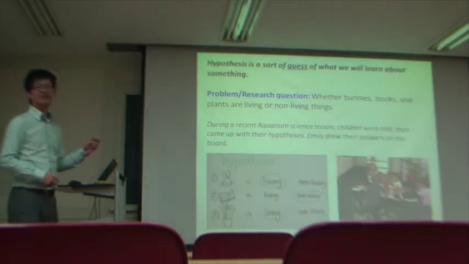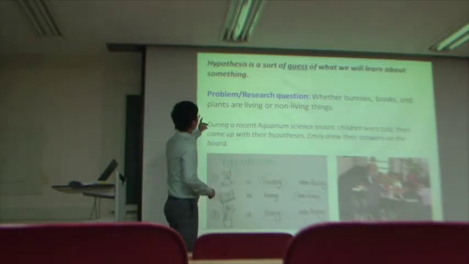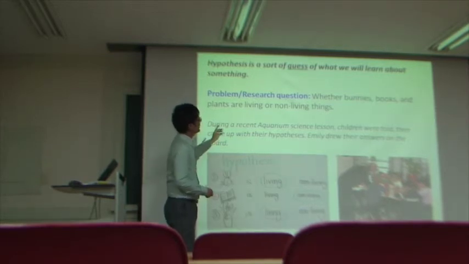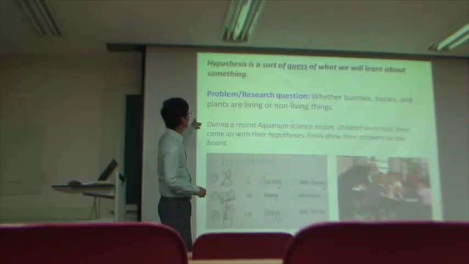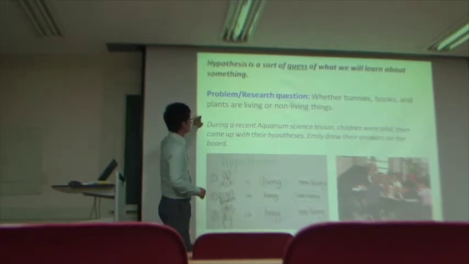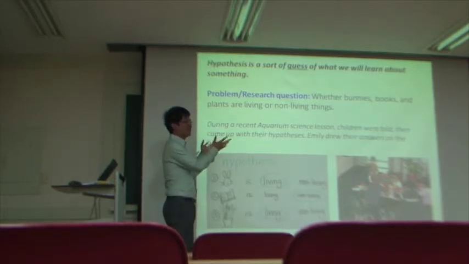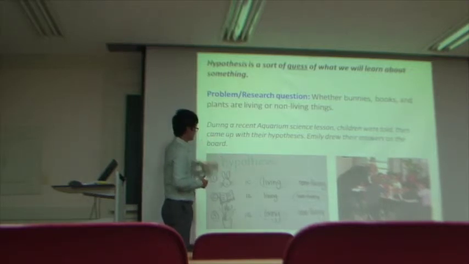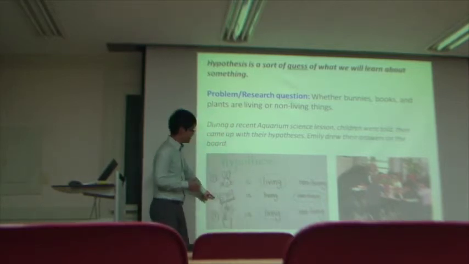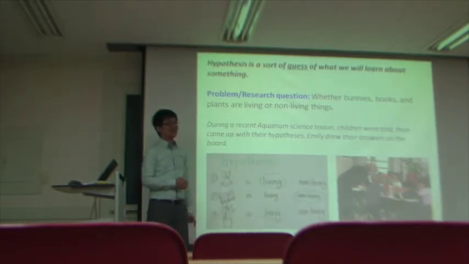Okay, this is just a very simple example I found from the internet. The question of the kid is whether bunnies, books, and planes are living or non-living things. So that's a research question, whether or not they are living or non-living things. But the hypotheses are: first, a bunny is living. Second, a book is non-living. Third, a flower is a living thing.